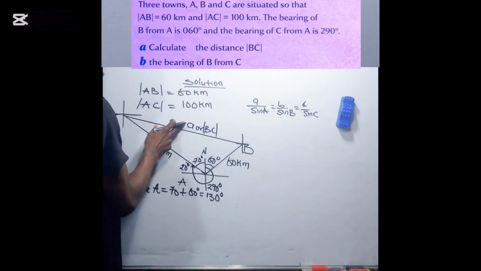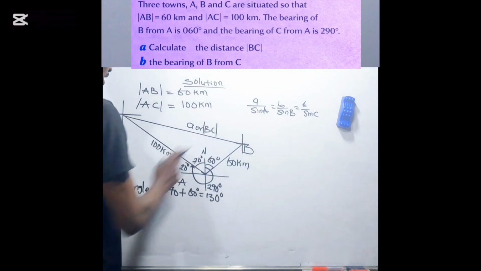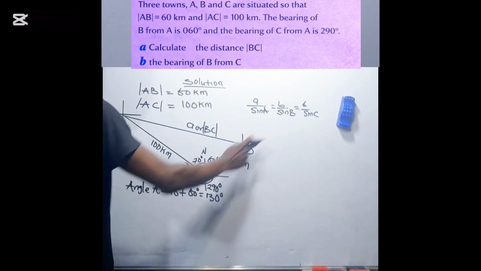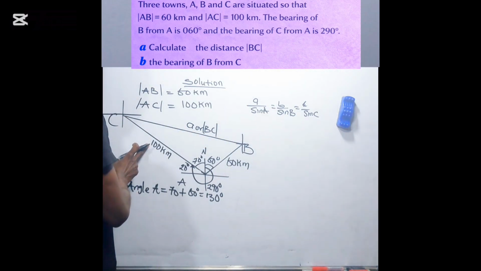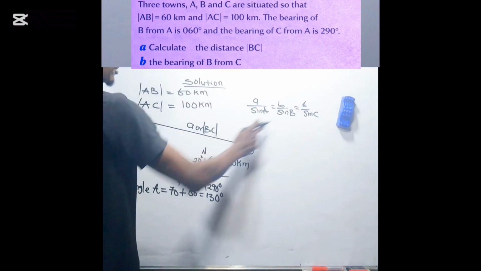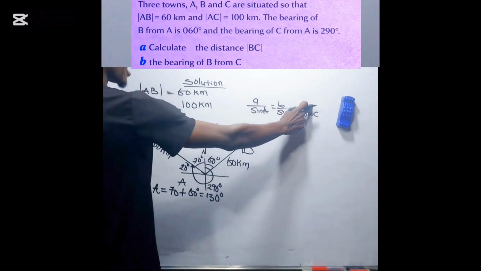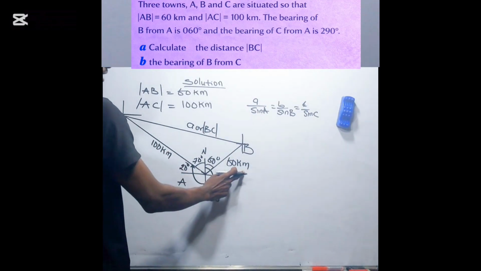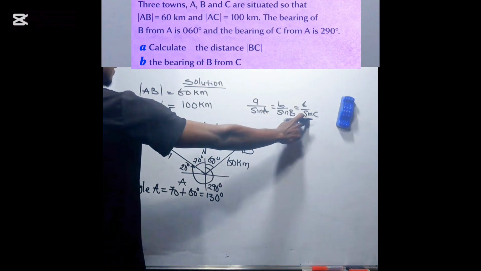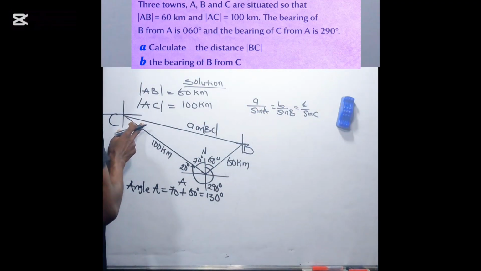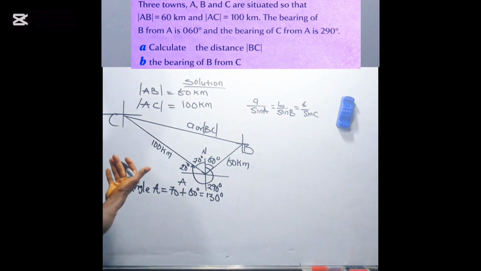We are looking for side a over angle A. We have angle A. Do we have side b? Yes, b over sine B. We don't have angle B. Do we have side c? Yes, we have side c over sine C. We don't have angle C, so we can't use the formula.